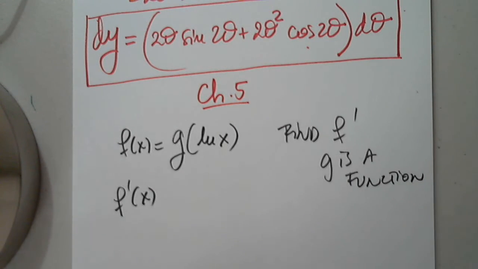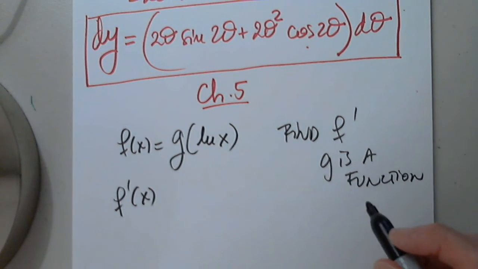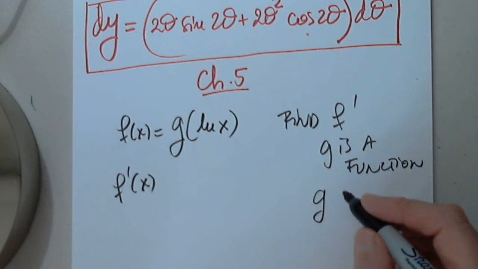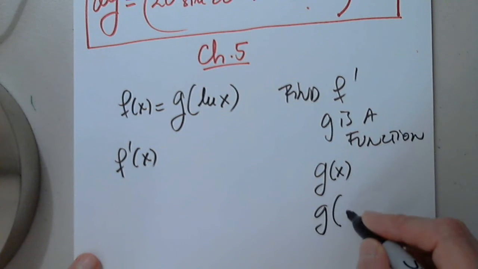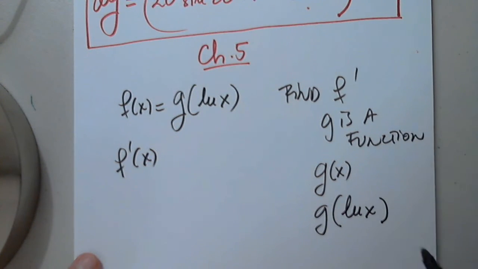That says g times ln x, right? No. g has to have a function. So if I don't write g of x, and I write g of natural log x, then we know that this is not a product.